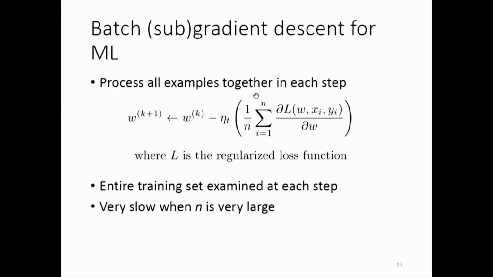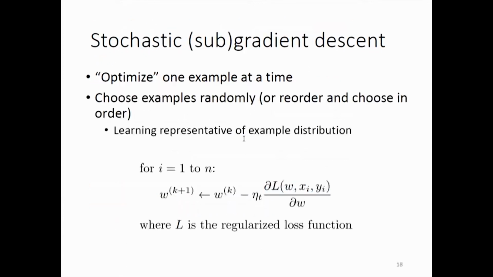Right. So, you see, you have gotten rid of this summation. Now every update in this stochastic gradient descent, think about it as an update.